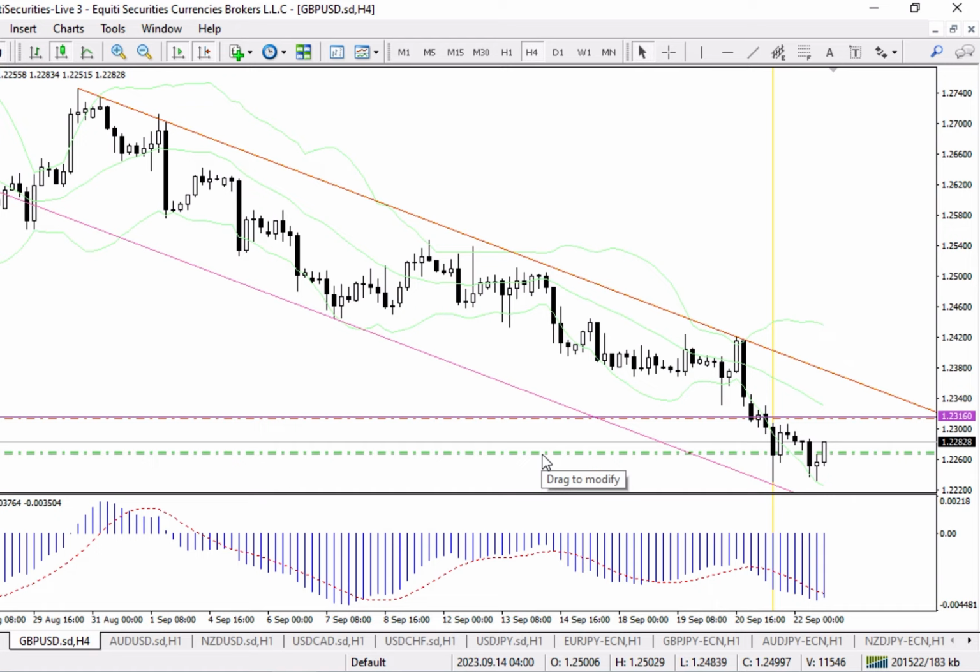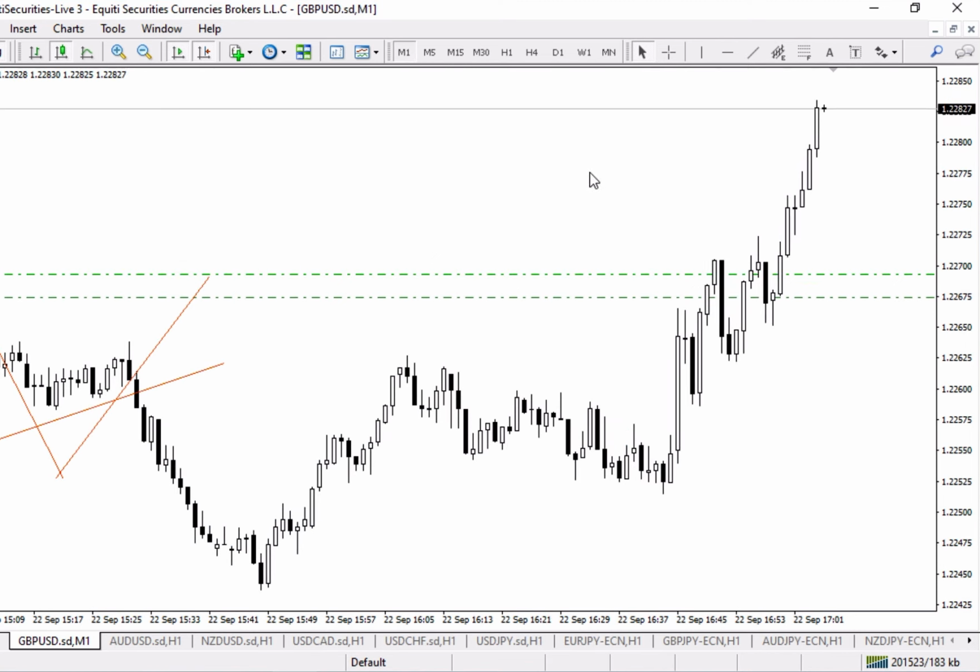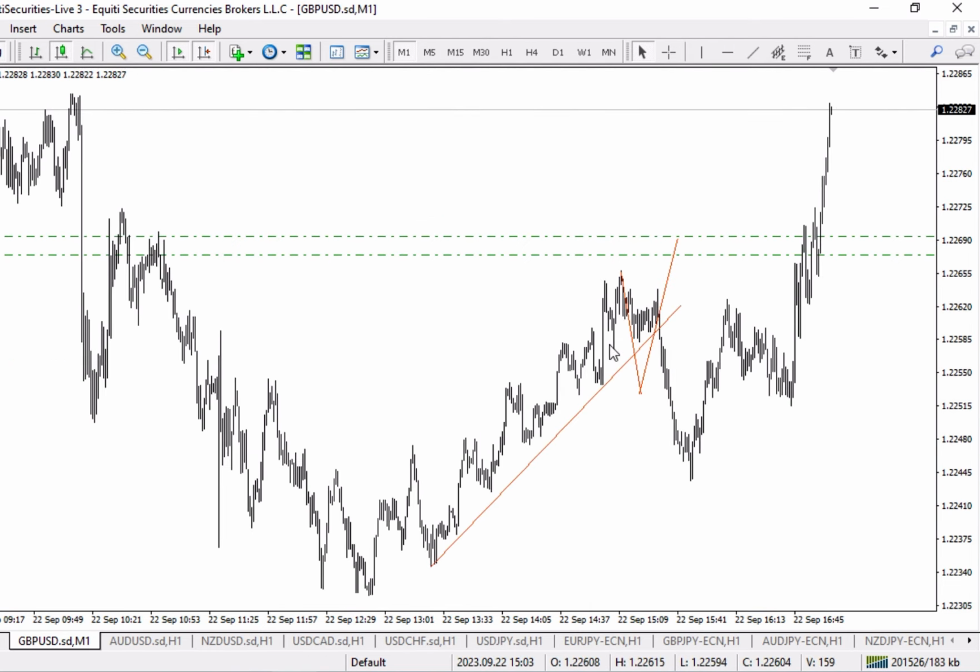I took my position right after the release of PMI. I saw this move, and then I happened to enter two positions. If I talk about the previous trading setup, which was price action scalping, price didn't touch my target. My target was just 1 or 2 pips below. But yes, price moved downward enough to give me the chance to move my stop loss to the entry point, that is also technically called the break even point.